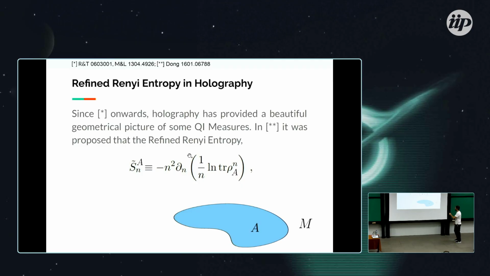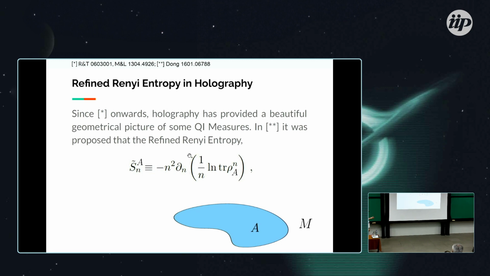you don't see gray here. So there should be a manifold here that I don't think you're seeing, but there is a subsystem called A. If we are able to access the reduced density matrix here, rho_A, one elevates it to n, takes trace, log, and performs some operations that require you to know this quantity as an analytic function in n, which I will be thinking will be between 0 and infinity.